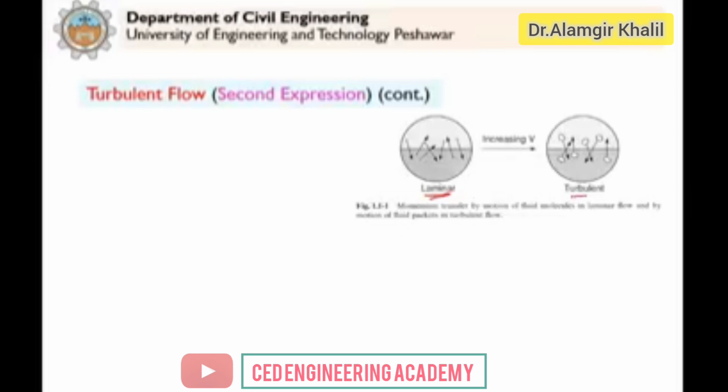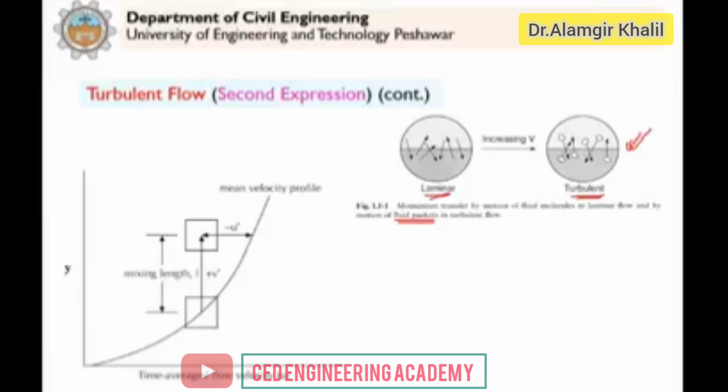But in case of turbulent flow, rather than molecules, we have fluid packets, which we call eddies. These fluid packets move randomly, and because of that, the interchange of momentum takes place between the different layers in case of turbulent flow. So this is what I explained last time.